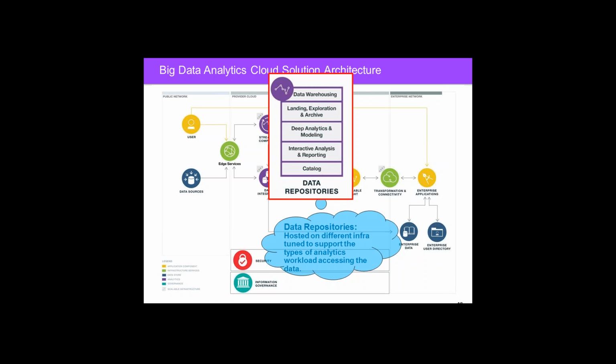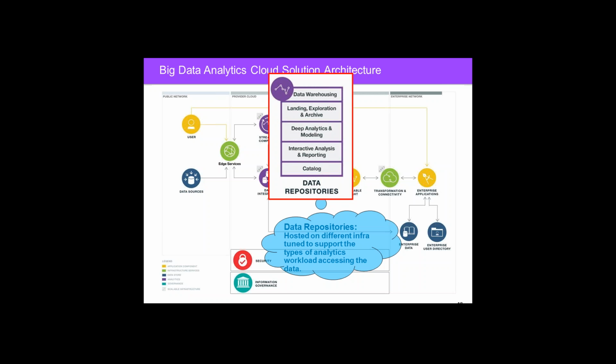In some organizations, that may form the basis for, or at least a portion of, your data lake or your data reservoir. The deep analytics and modeling zone, or the deep analytics and modeling repository, speaks to the analytics star schema-based type of data warehouses that allow you to do multi-dimensional analytics. That's where the specialized analytics appliances may come into play as well.